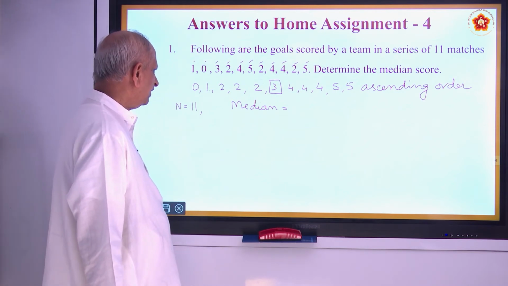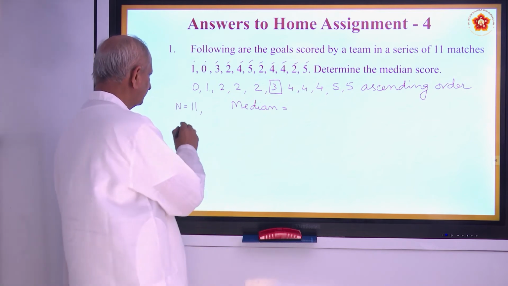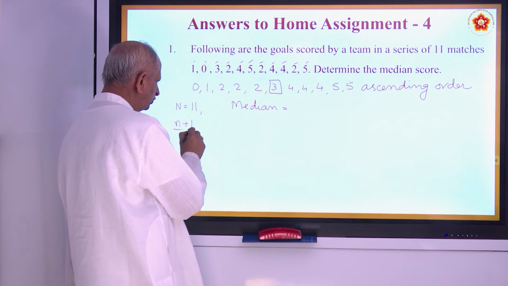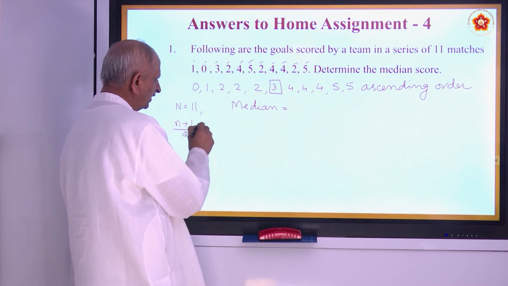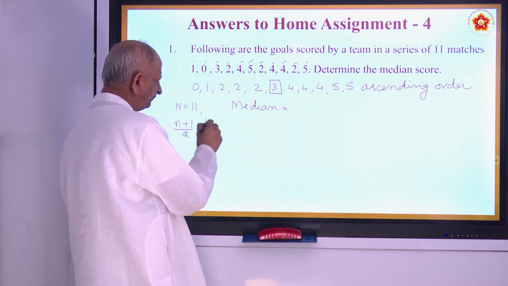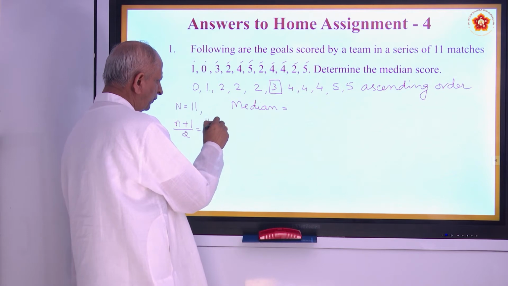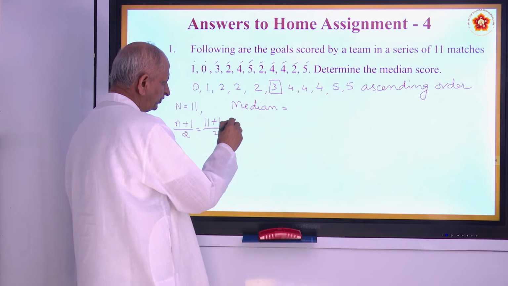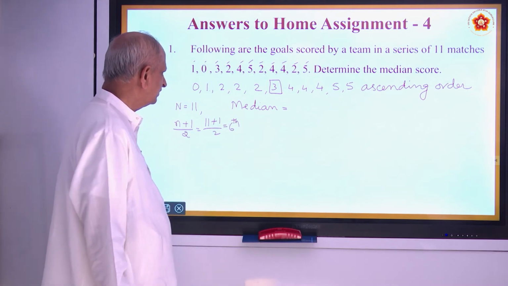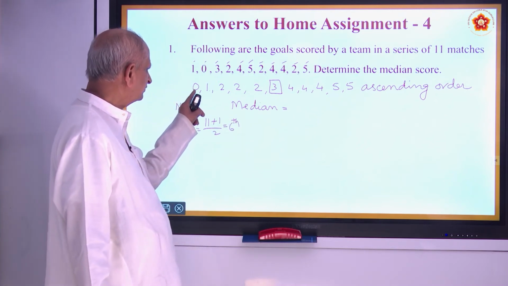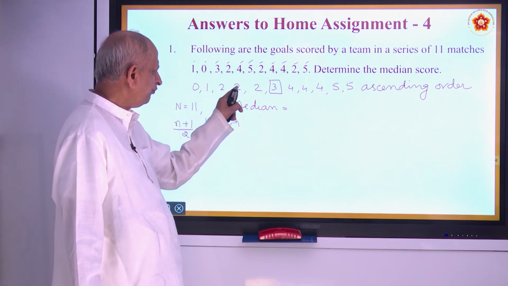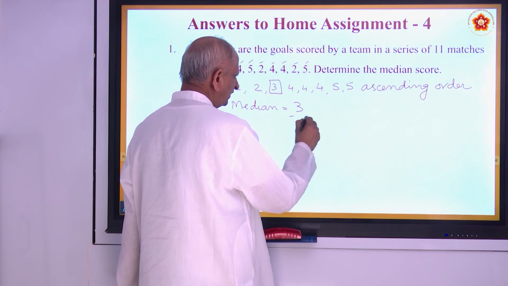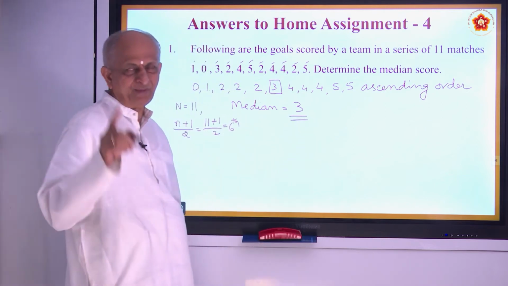And you can also get it as n plus 1 by 2. N is how much? 11. 11 plus 1, that is 12. 12 by 2 is 6th. So 6th observation you must see. So 6th one means 1, 2, 3, 4, 5, 6th. So median is equal to 3. That is the answer. So 1 mark question.